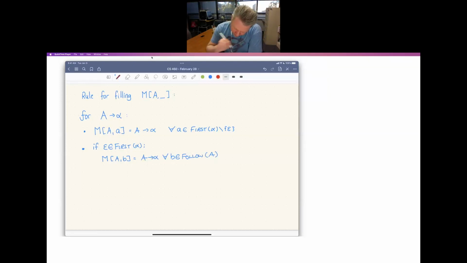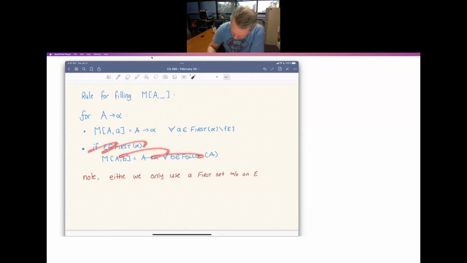So we note here, either we only use a first set without an epsilon. So if epsilon is not in the first set, then we would never do this.